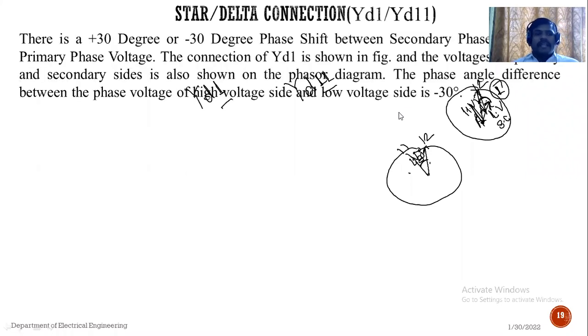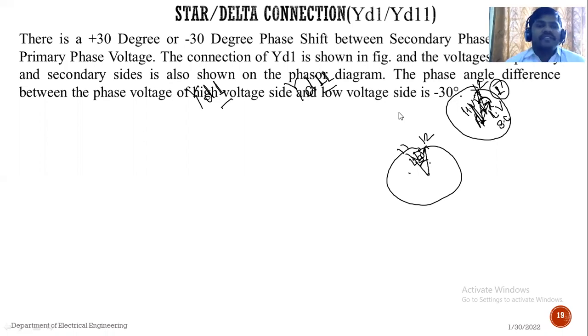There is a plus 30 degree or minus 30 degree phase shift between the secondary phase voltage and the primary phase voltage. Whether it is plus 30 degrees or minus 30 degrees, minus represents the lagging phase displacement, and plus represents the leading phase displacement.